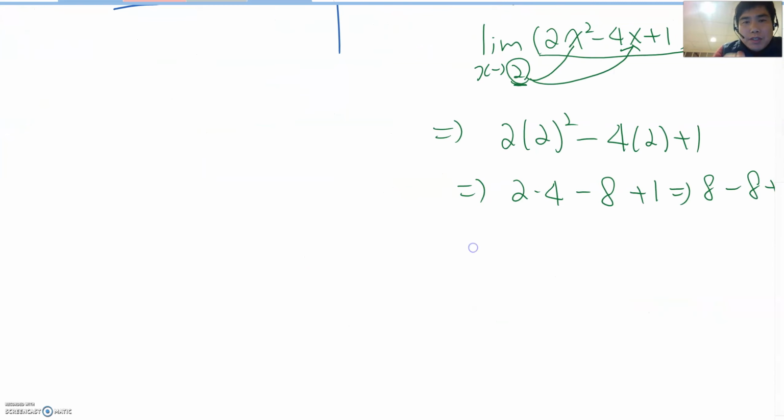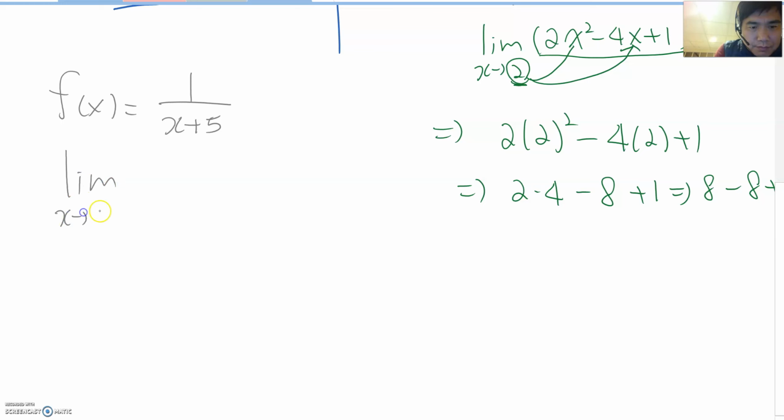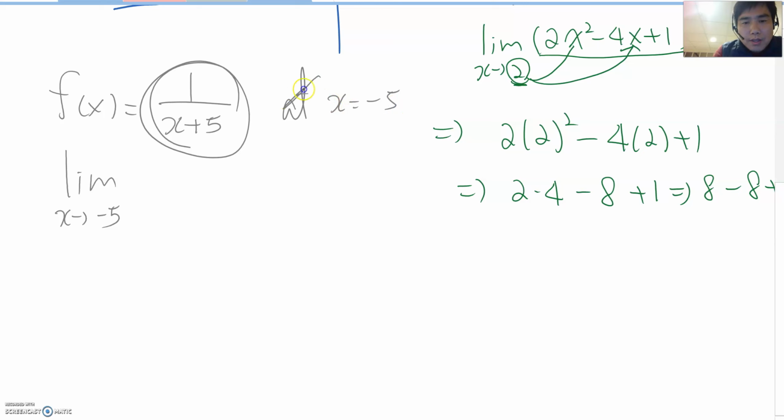But what about this case? I'm going to give you f(x) equals 1 over x plus 5, and we're going to find the limit value when x approaches negative 5. As you know, in this function, x equals negative 5 is the vertical asymptote.